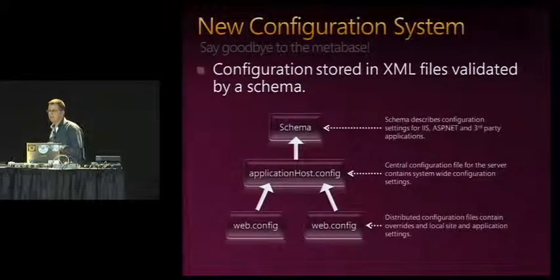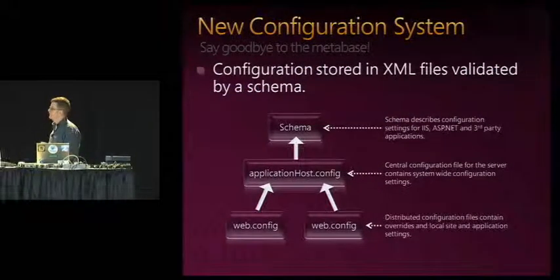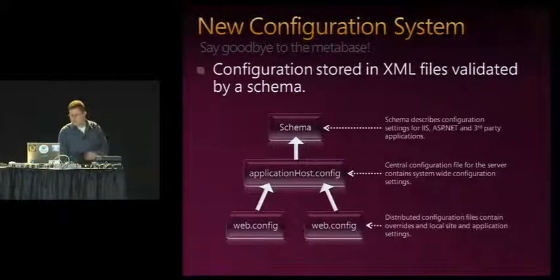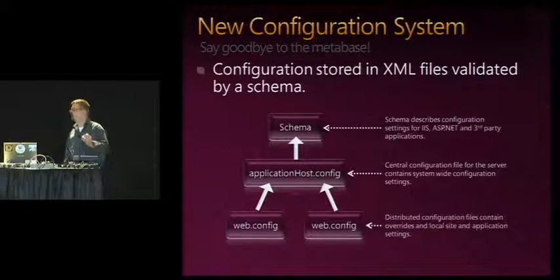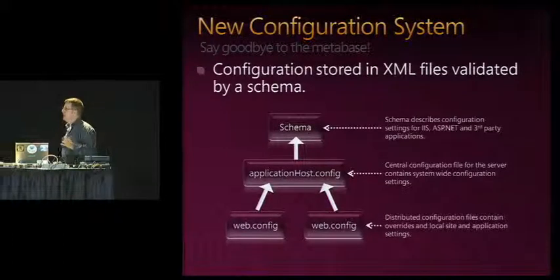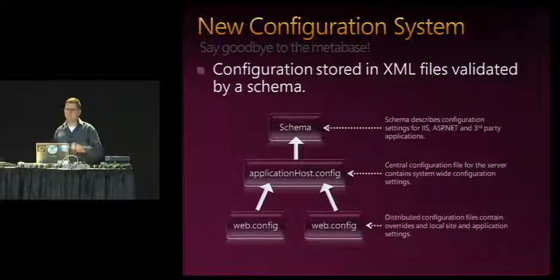The next area with IIS that we need to understand to know how our applications are going to get a lot better and easier to manage is the new configuration system. As I said before, and we looked at those files, the new configuration system is now in an XML-based schema.